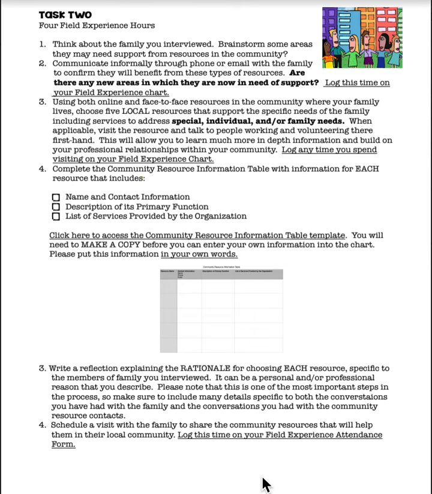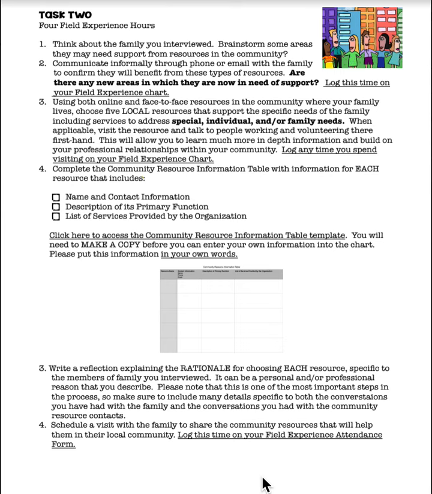You can also communicate with your community resource partner through email or a phone call. So once you have the contact information for the community resource, you can call them up if you don't really want to go there, or you can email them. But I want you to reach out to the 5 community resources.